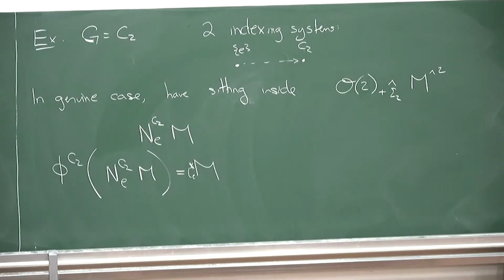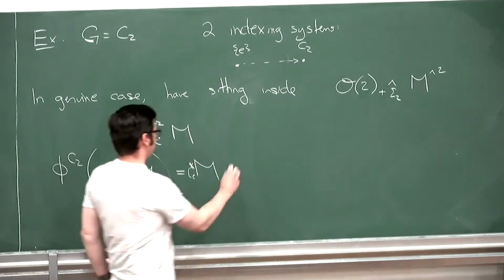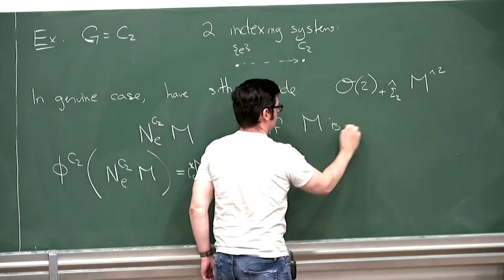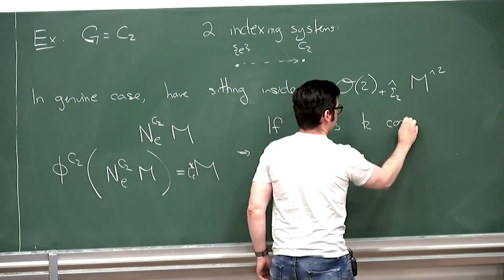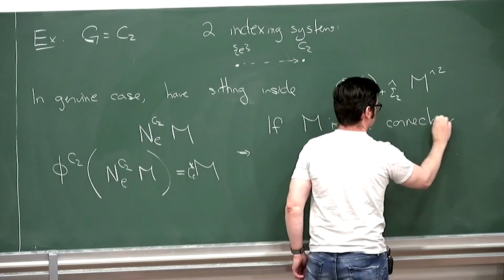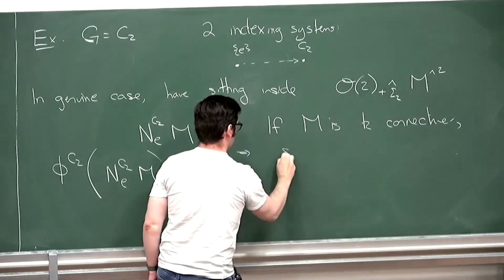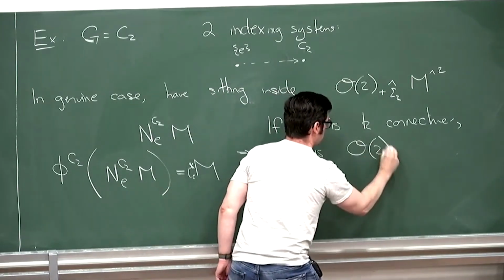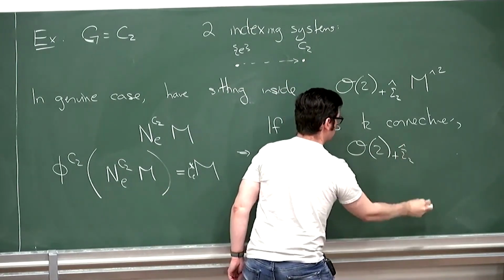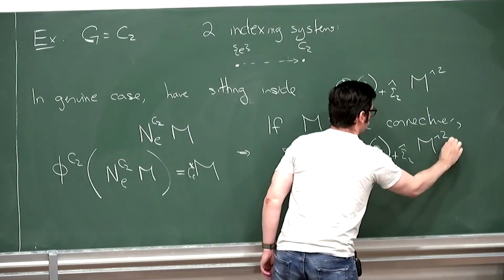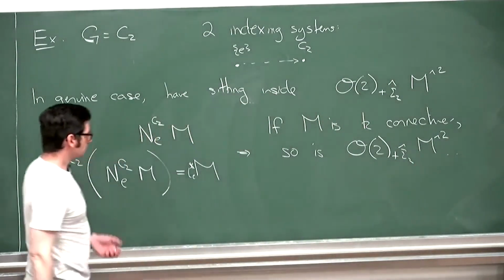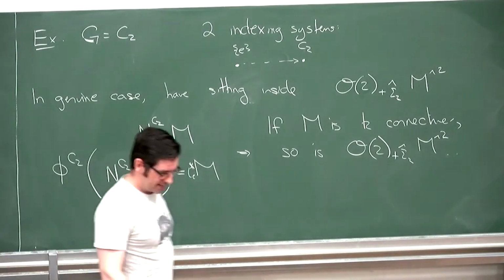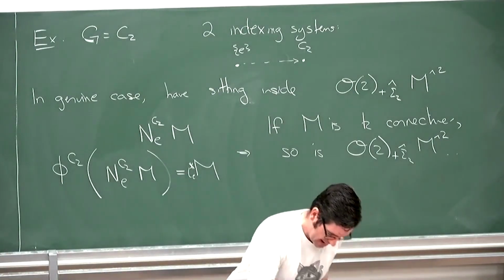And so when I look at the connectivity of that second piece, if m is k-connective, so is this O2 plus smash over sigma 2 of m smash square. So when I try to do things like Andre-Quillen cohomology, it breaks down immediately.